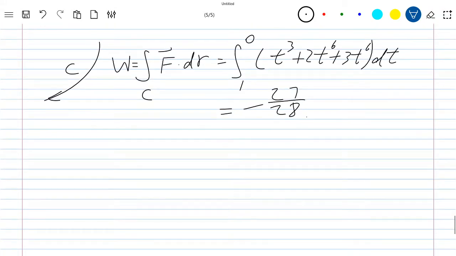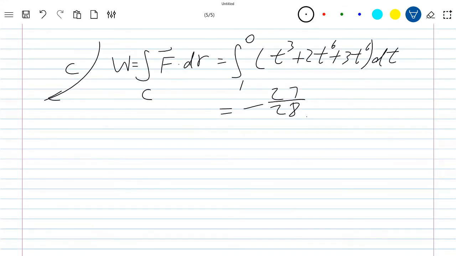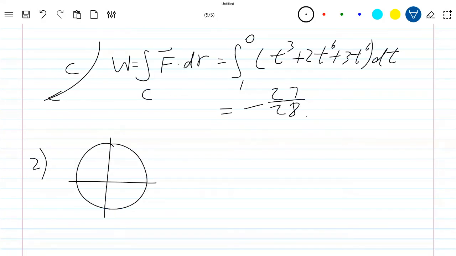Okay, now let's see a different example for the spatial vector integral. Suppose you have a circular path, and it's a circle, but we still need to say the direction. It doesn't matter where you start. You can start from here and go around the entire circle, or start from there.